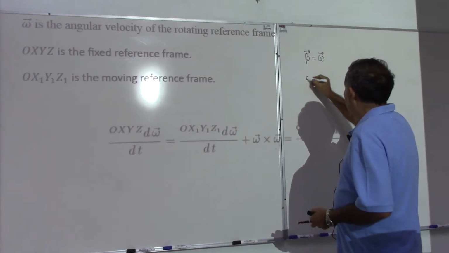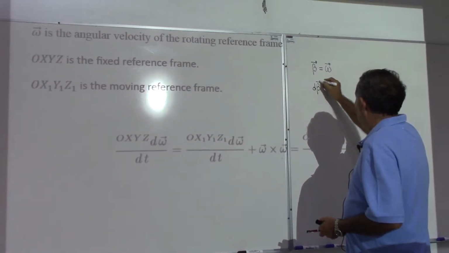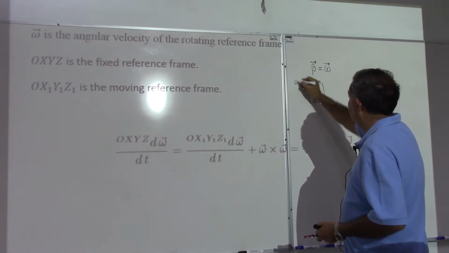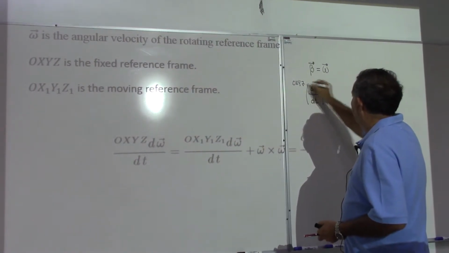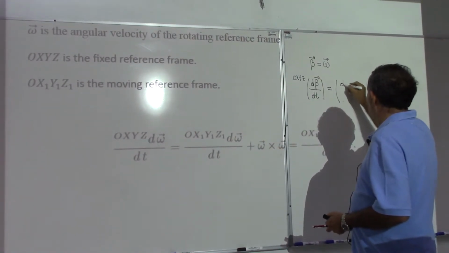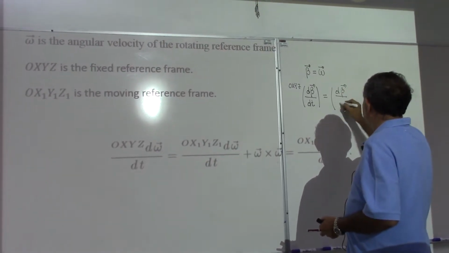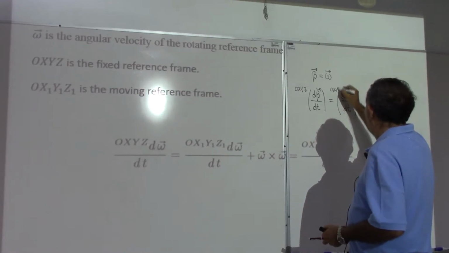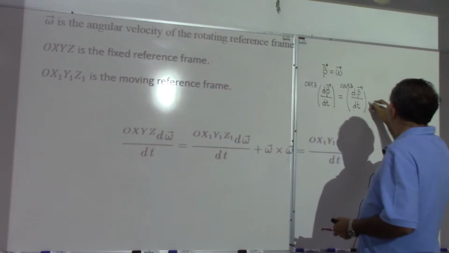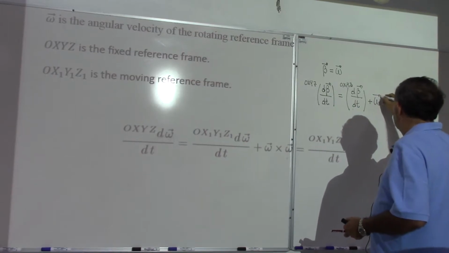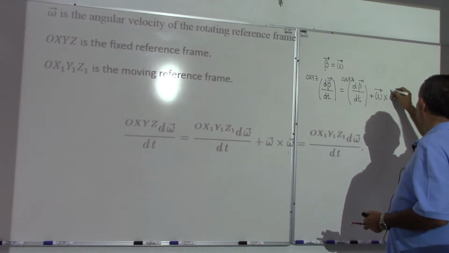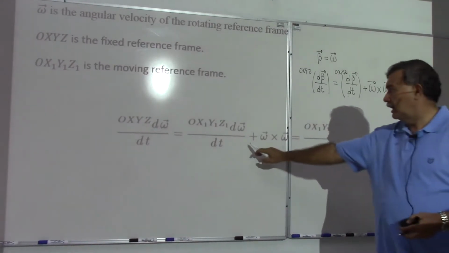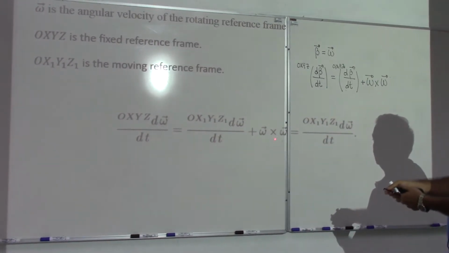The time derivative of beta with respect to the fixed reference frame is equal to the time derivative of beta with respect to the moving reference frame plus the angular velocity of the moving reference frame times the vector function. This is precisely the expression that we have written over here.